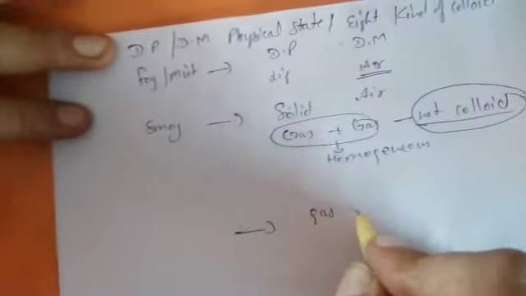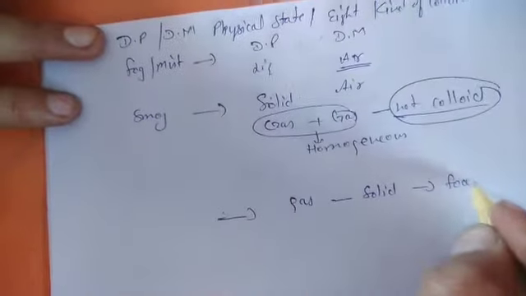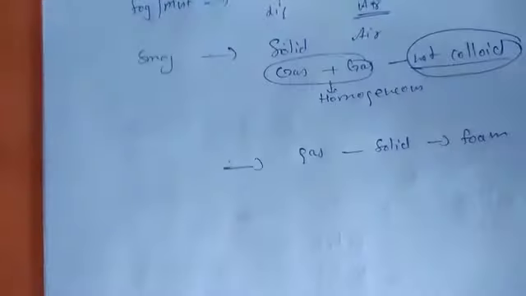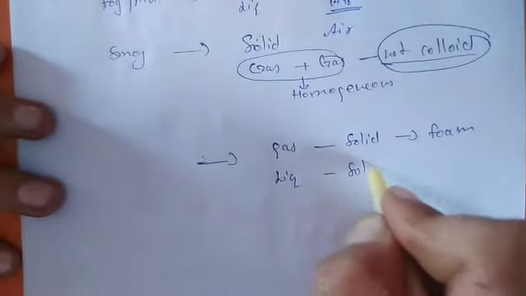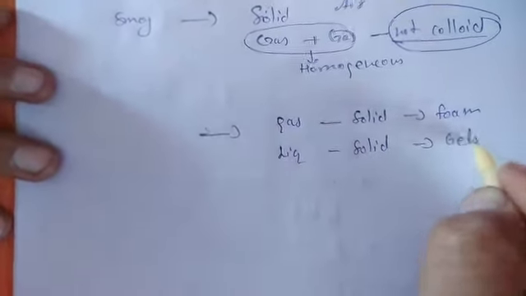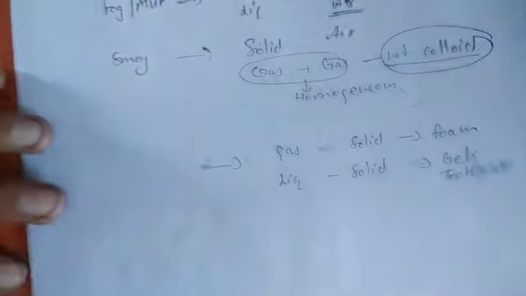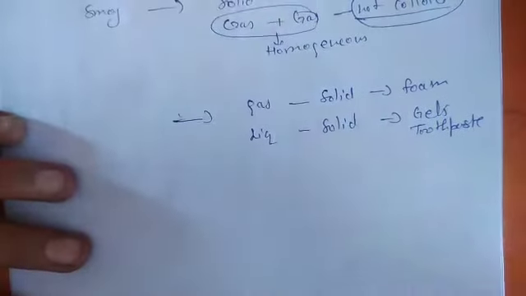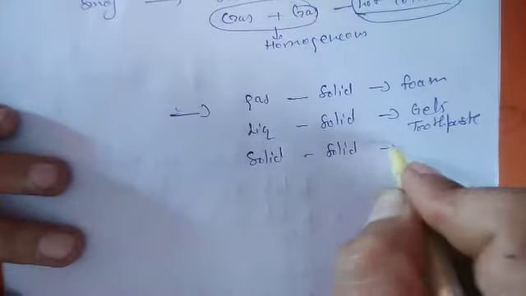If the dispersed phase is gaseous and the dispersed medium is solid, like foam, gas is absorbed in a solid. If a liquid is absorbed in a solid, we get gels and toothpaste. A solid dissolved in a solid, like different kinds of alloys, is the same kind of colloid.